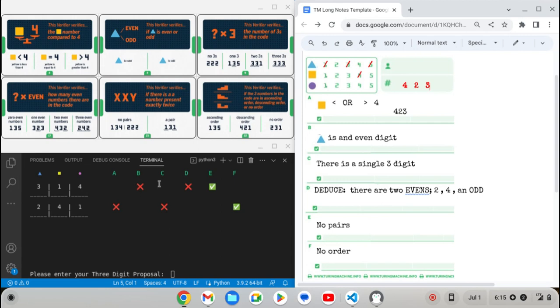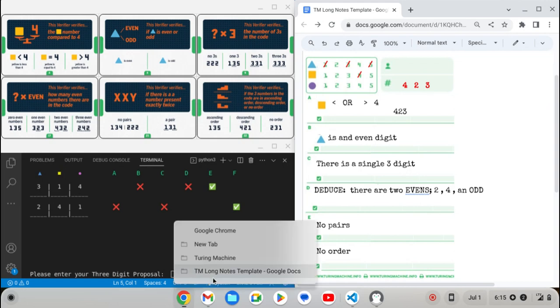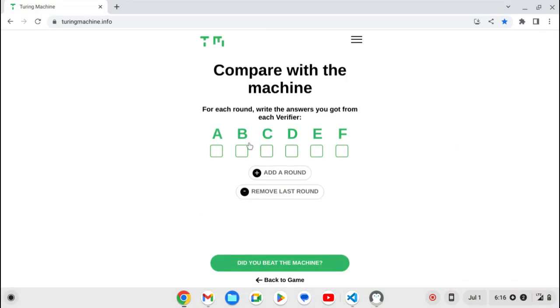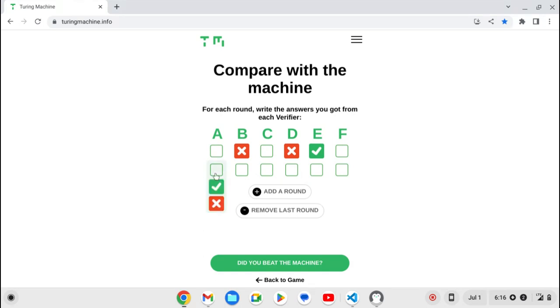So it looks like when we tested BDE, the last one was the only one that was correct, and then we did ACF. All right, so BDE was correct, and then A, C were incorrect, and F was correct.